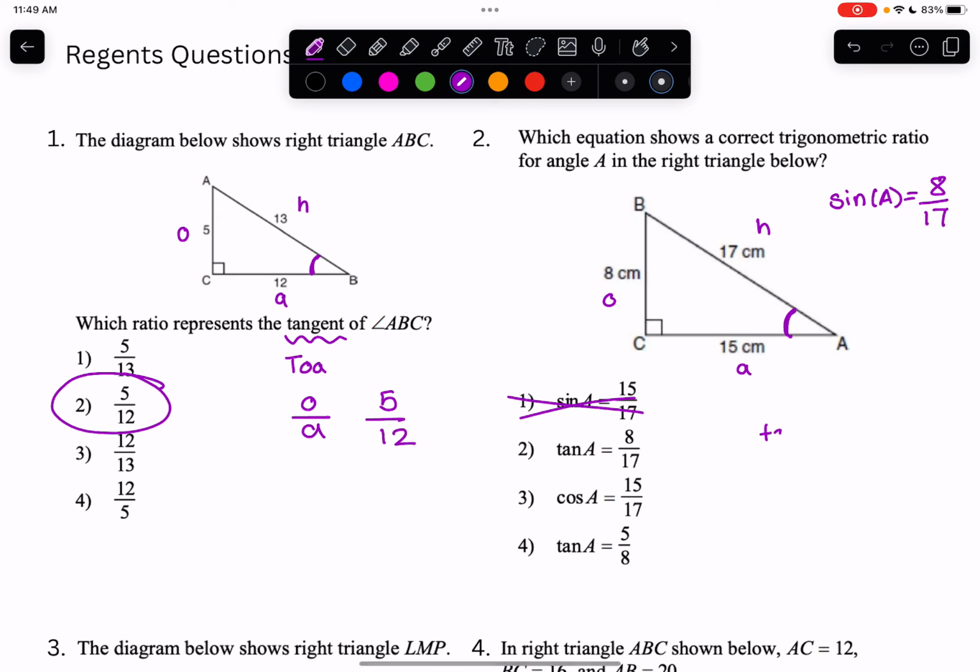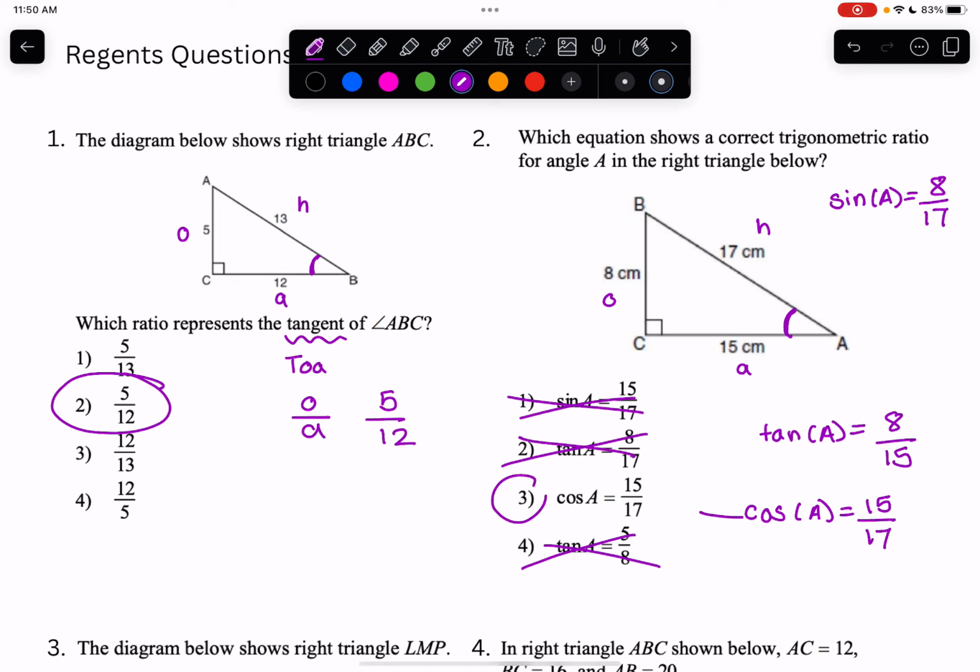If I wanted the tangent of A, that is the opposite over adjacent, so I see that 2 is incorrect, as well as 4. Now I can just double check, because cosine of A should be the adjacent over the hypotenuse, which does match 3, so that is my correct answer.